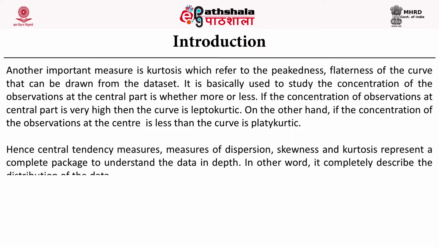On the other hand, if the concentration of the observations at the center is less, then the curve is called platykurtic. Hence, central tendency measure, measure of dispersion, skewness and kurtosis represent a complete package to understand the data in depth. In other words, it completely describes the distribution of the data.